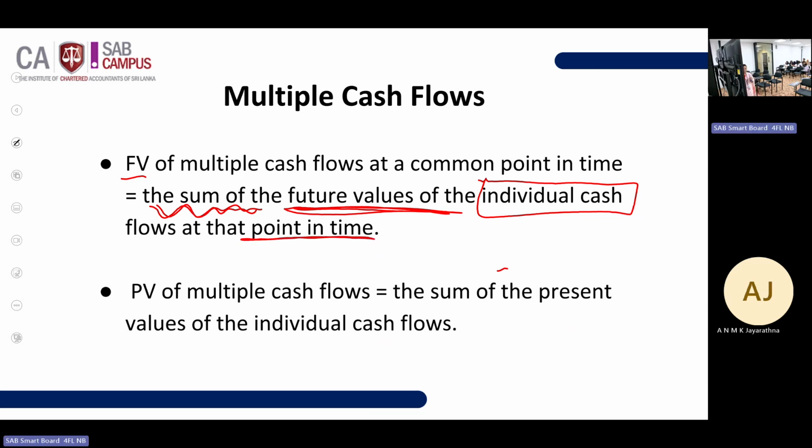Basically, the sum of individual future cash flows.